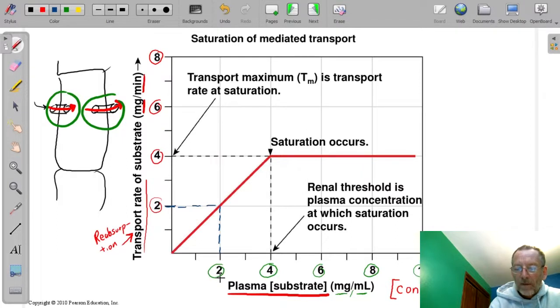So we can move 2 milligrams per mil and reabsorb it, and the same with 3. At 3 milligrams per mil, how much is being reabsorbed per minute? About 3.